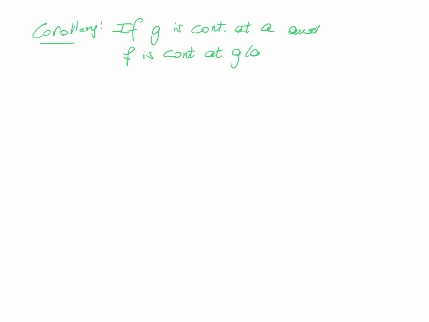And then this theorem also has a corollary. If g is continuous at a point a and f is continuous at the point g of a, then also the composite function, f after g, is continuous at a.